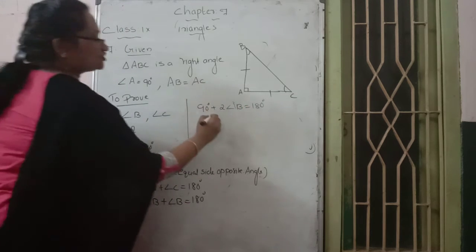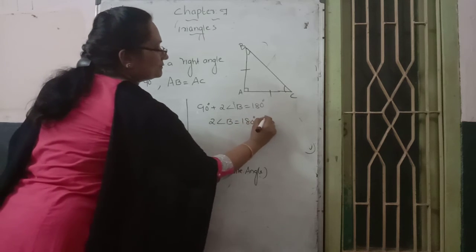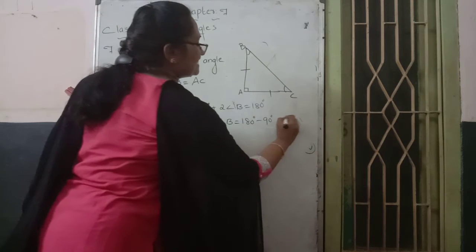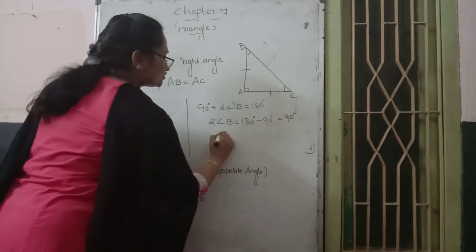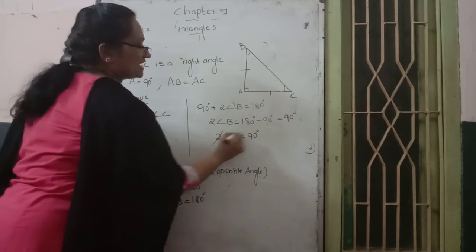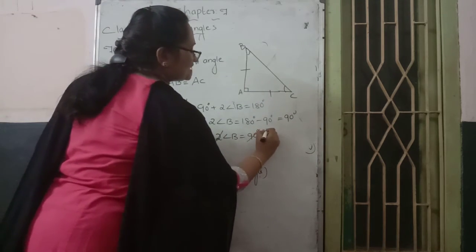The plus 90 goes to the opposite side and changes to minus 90. 180 minus 90 becomes 90 degrees. So 2 times angle B is 90, the 2 cancels, and 90 divided by 2 is 45 degrees.